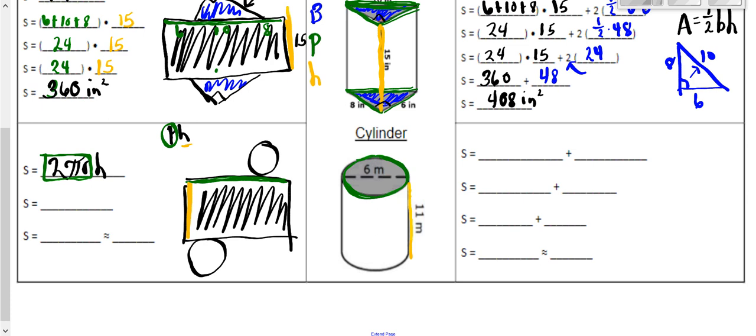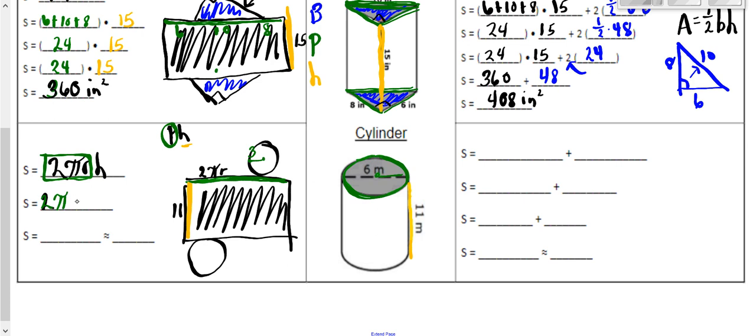So we know from previous years that this piece right here, my circumference, is always 2 pi r. And then I have my height here, which is going to be 11. Okay, so plugging straight into my formula, I'm going to have my circumference, 2 pi, and my radius is, well, let's see, my diameter is 6, so my radius must be 3, half of my diameter.